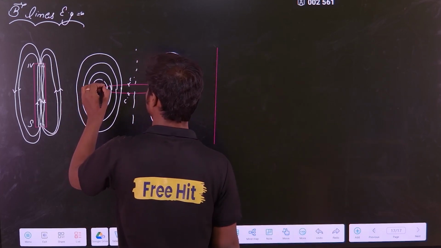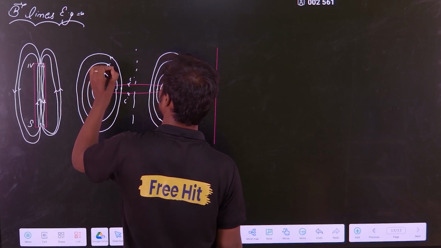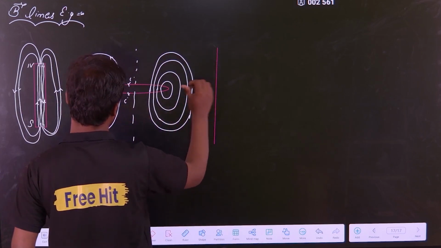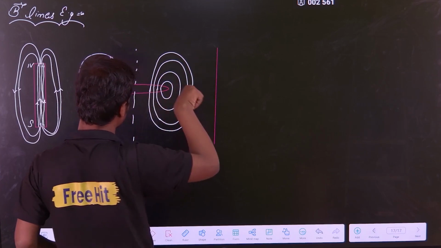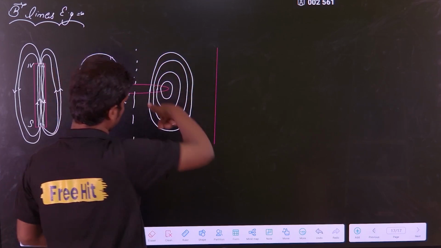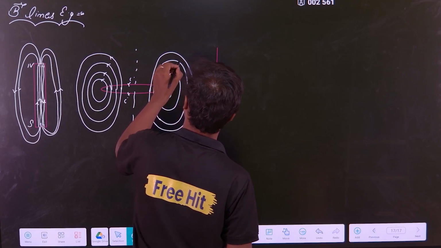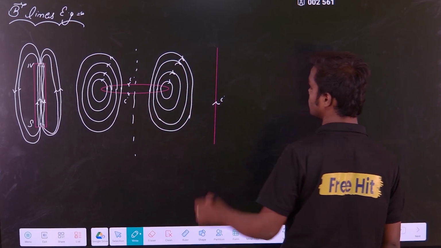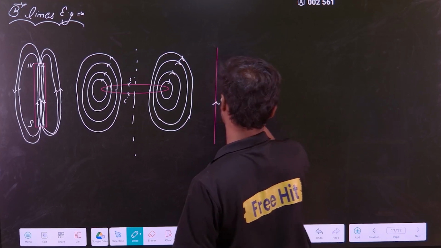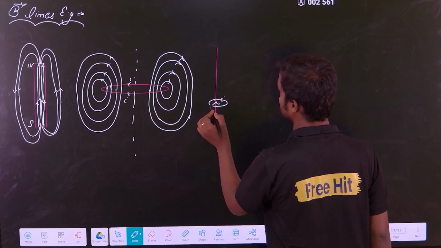So it is something like this. This current will go outside, so it is like this, and this current will go inside, so it is something like this. Now in a wire, suppose the current is like this, so you curl your fingers like this, and you will have magnetic field lines like this.